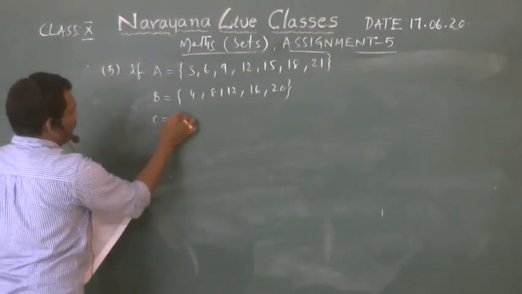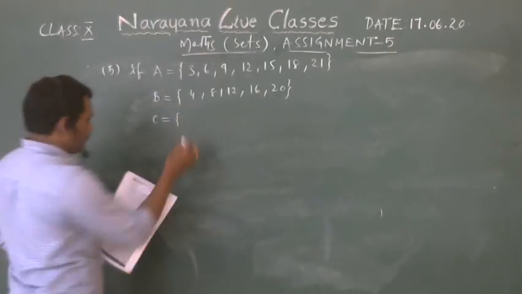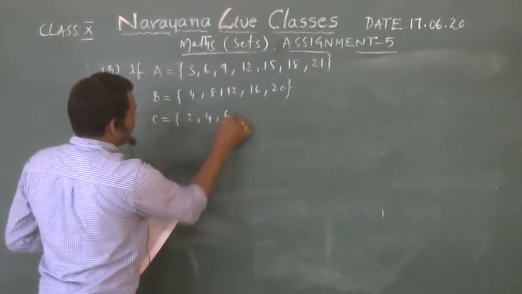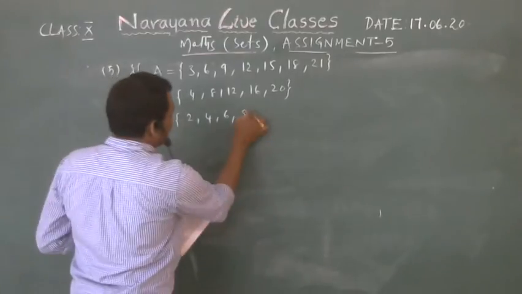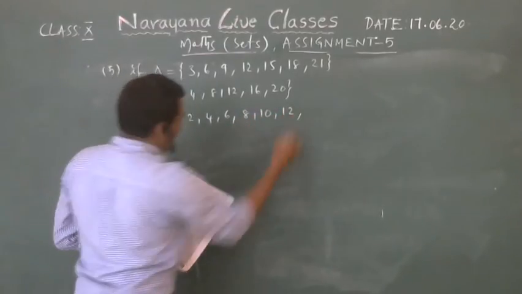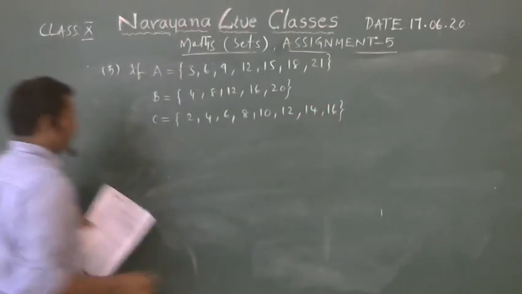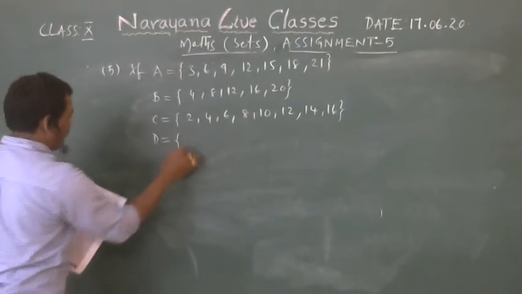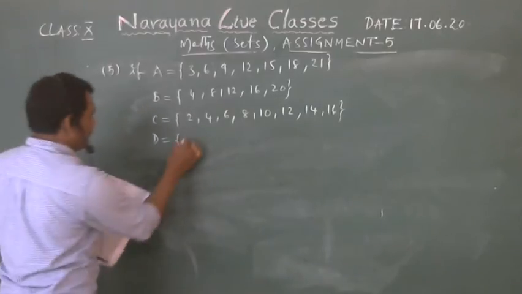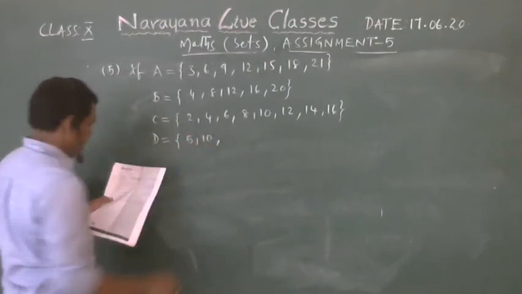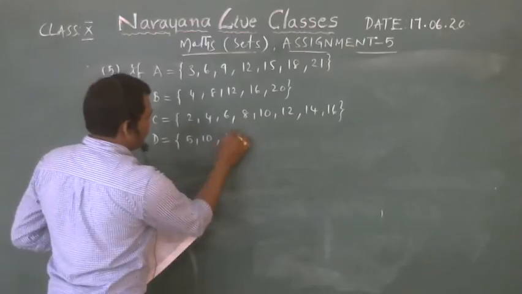C equal to the set {2, 4, 6, 8, 10, 12, 14, 16}. D is equal to the set {5, 10, 15, 20}.